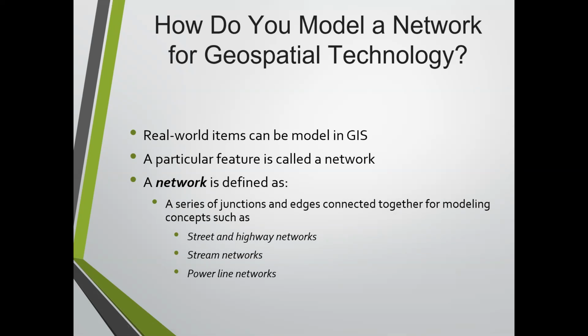So those can be modeled as a network as well. And the mouth of each creek, stream, river, whatever, would be your junction at that point, and your edges would actually be the flow of the water itself. And things like power lines, those could be modeled as networks, or any kind of linear utility, water lines, power lines, gas lines, all of that kind of stuff.